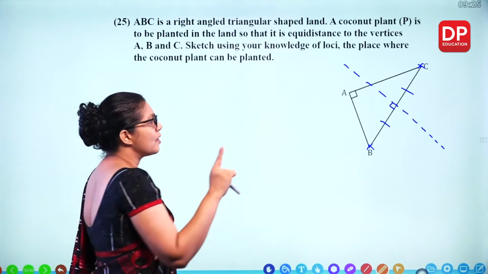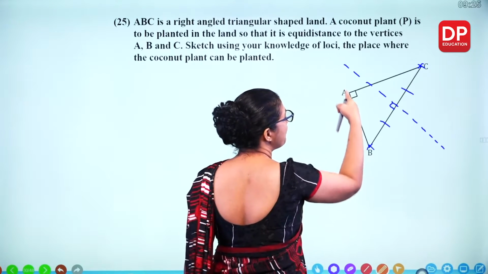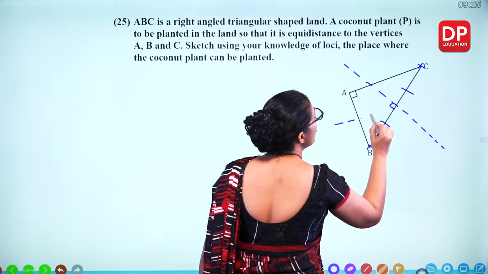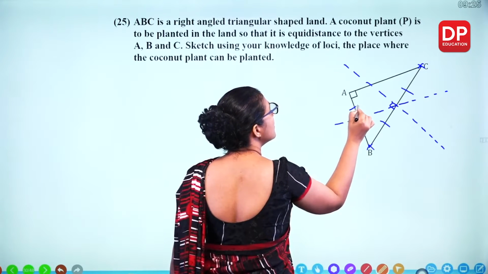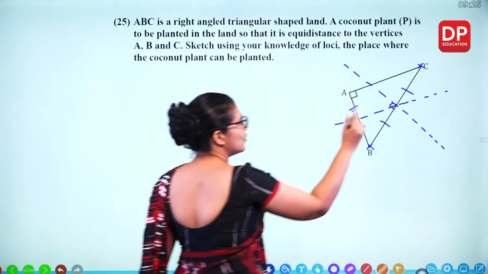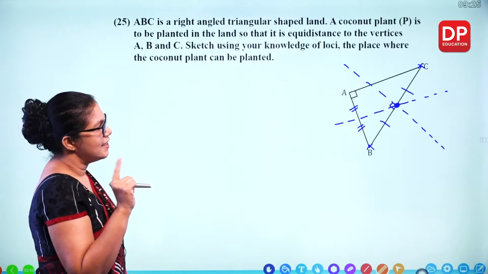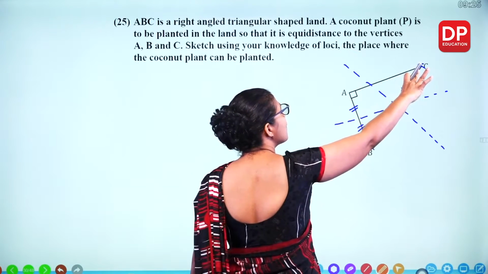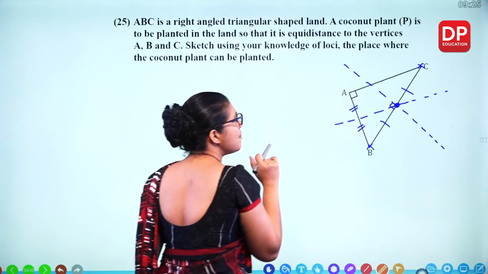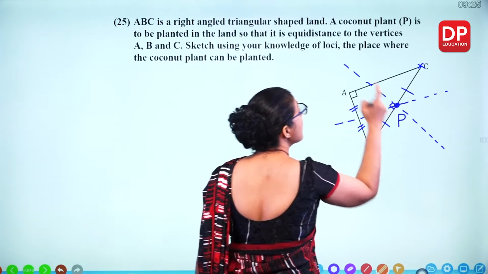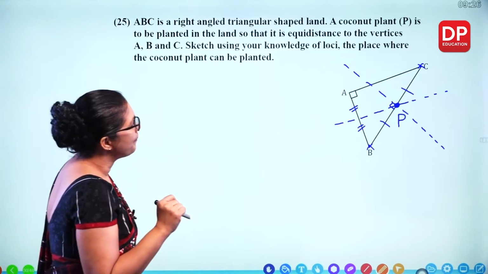And we know when you draw another perpendicular bisector, think about AB, it also passes through this. So this is another bisector. So this becomes the center of the circumcircle. So when you draw a circle from here, it passes through all these ABC points and this is the center. So this becomes the place where you can plant the coconut plant.